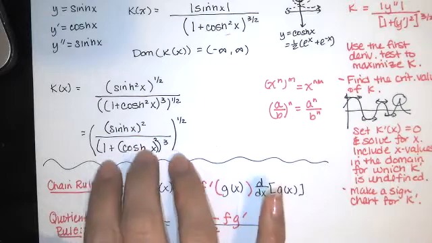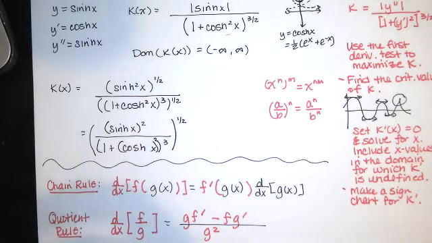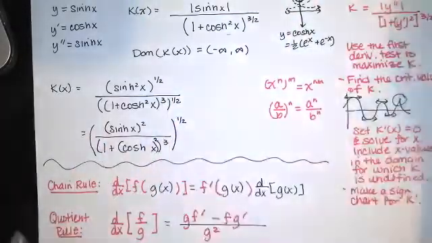Now this derivative is such a long expression that I'm going to change my paper to landscape mode. I'm going to turn it sideways so that we can take the derivative of this.